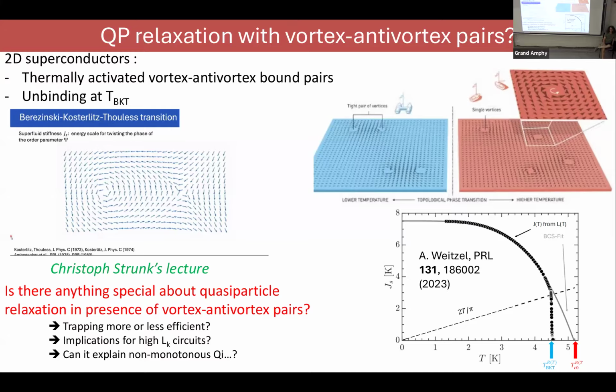So for you, that's more detrimental, unless they have had time to recombine inside the vortex core. It's a very small relaxation volume because it's only 10 nanometers or so, or 5.